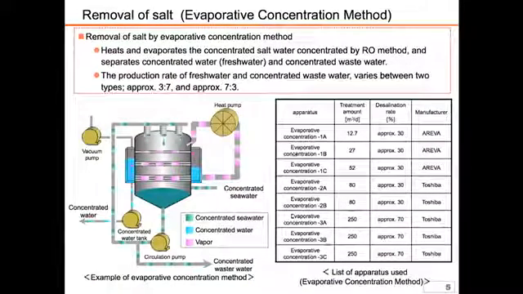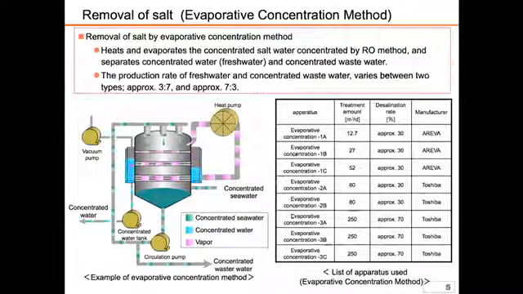We have another type of salt content removal system. That is an evaporative concentration system, which is similar to making a salt farm. The system makes salt containing evaporated water and extracts fresh water. The condensate salt water remains as condensate wastewater.